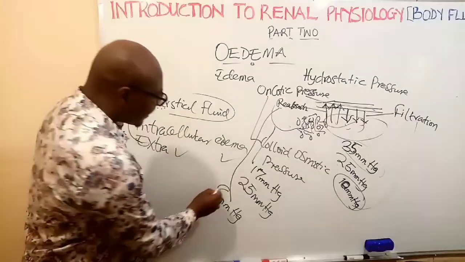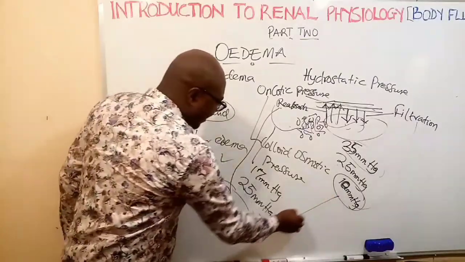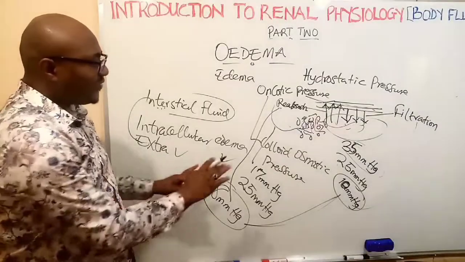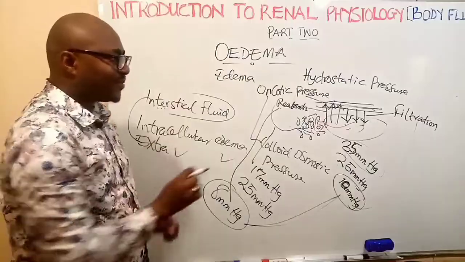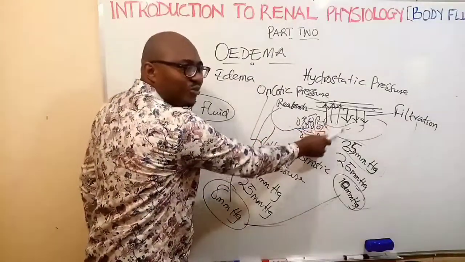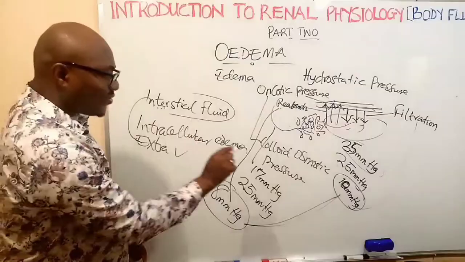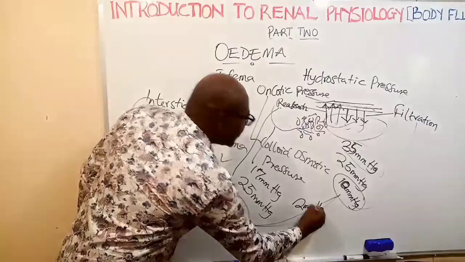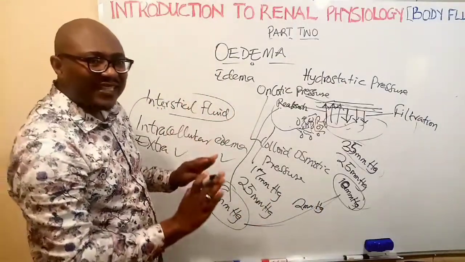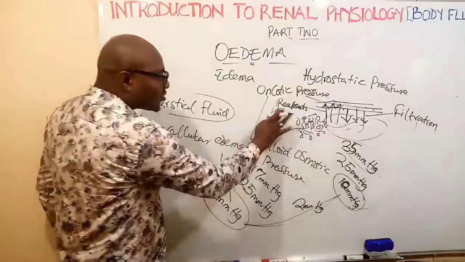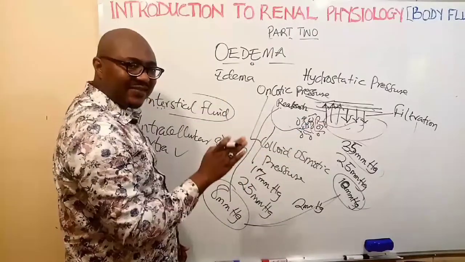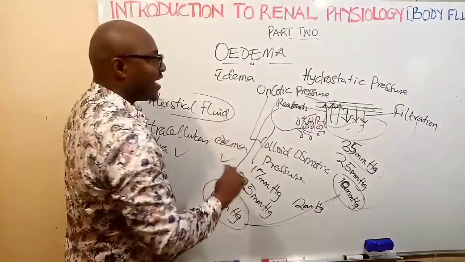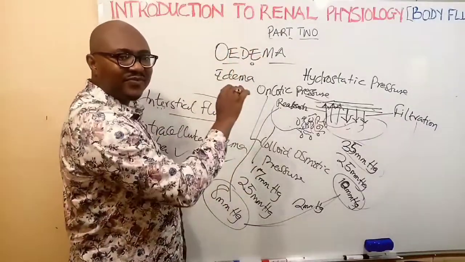But the interesting thing is that this is 8, this is 10. So there is an imbalance. If you leave it like this, it means more filtration is happening and more fluid is going to be accumulating here. So what handles this excess of 2 millimeters of mercury is called lymphatic drainage. Around this place, you have lymphatic vessels that drain the excess fluid and return it back into the veins.